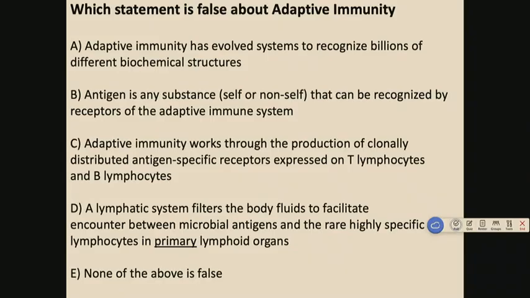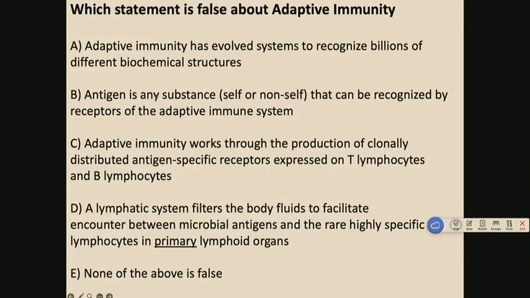What do the MHC molecules present? Peptides. Where are peptides coming from? Proteins. So T cells can also recognize peptides derived from proteins. So now we have another adaptive immune cell. B cells, they recognize antigens in their native form, and so they can recognize many different biochemical structures, okay?